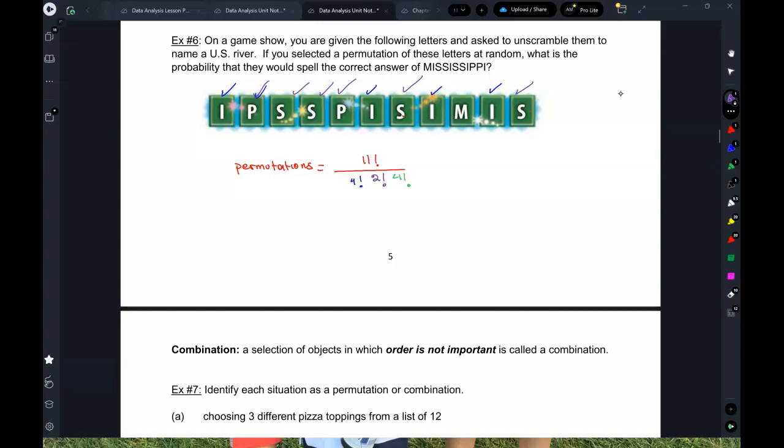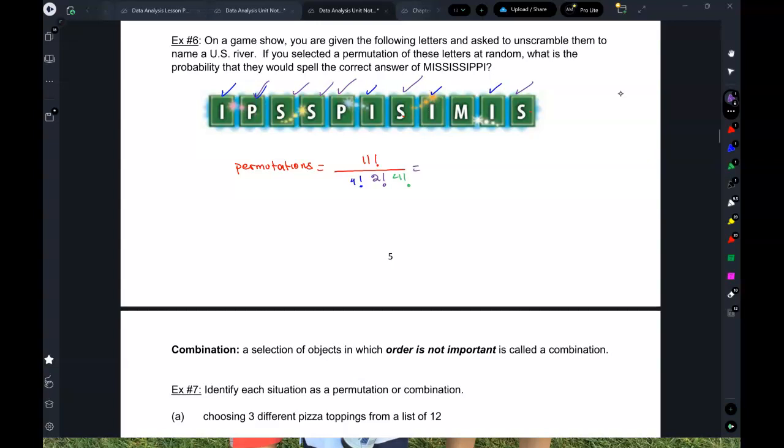The question is asking, what is the probability that it would spell the correct answer? Probability, like before, is the number of favorable outcomes over all of the different possibilities. So this is all of the different possibilities to arrange these letters. For example, you could have MISSISSIEIE, so close, right? That's one of them.